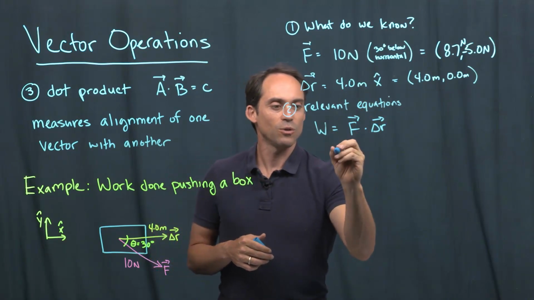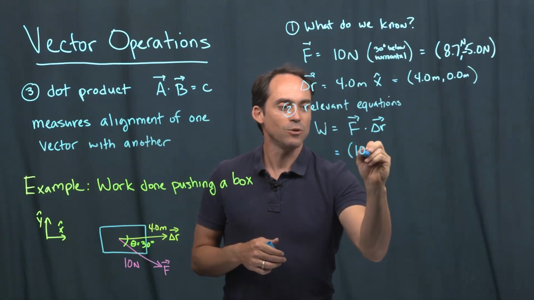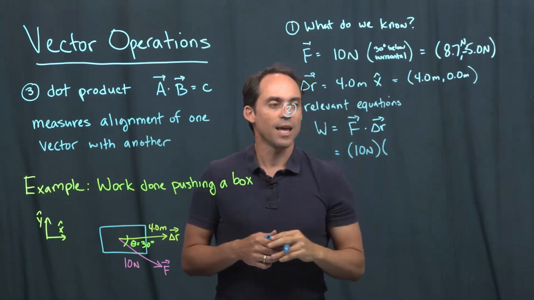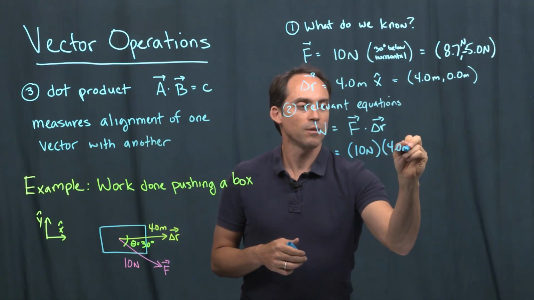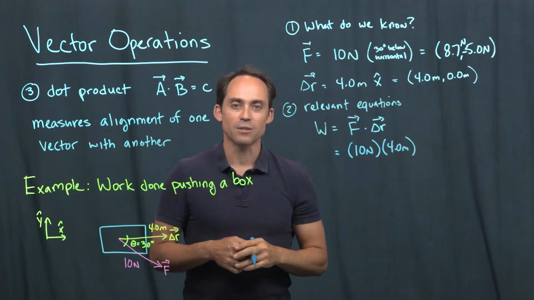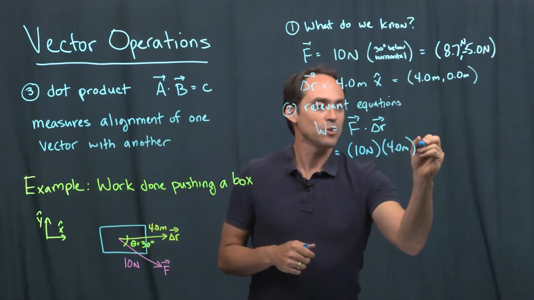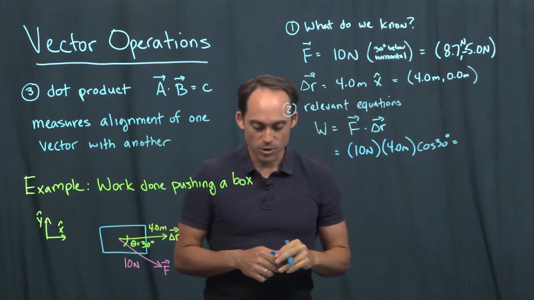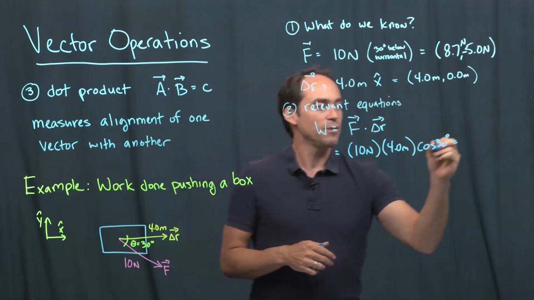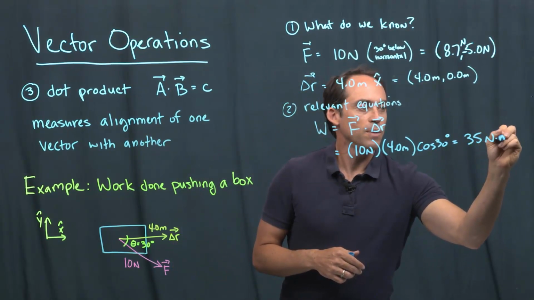In the first case, the amplitude of our force vector is simply 10 newtons. The amplitude of our displacement vector is 4.0 meters. And then we multiply this by the cosine of the angle between them. In this case, that's 30 degrees, so it's cosine of 30 degrees. When you solve this all out, you're going to get 35 newton meters.